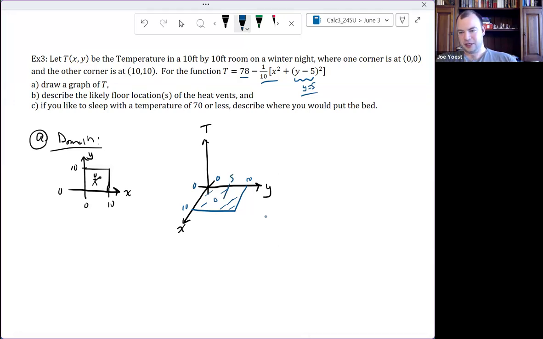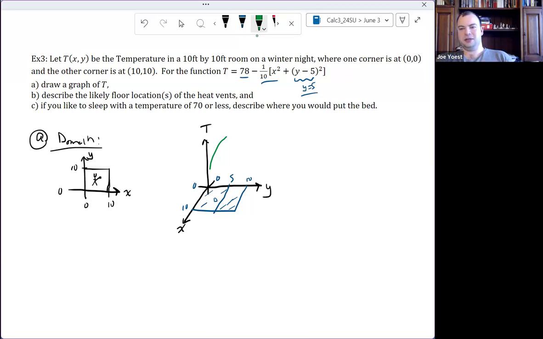So along this line in the domain, I have a temperature that looks something like 78 minus 1/10 x squared. Oh, let me switch colors. It looks something like this. So I'm imagining this green curve that I just drew as being directly above that line y equals 5 for x going from 0 to 10.